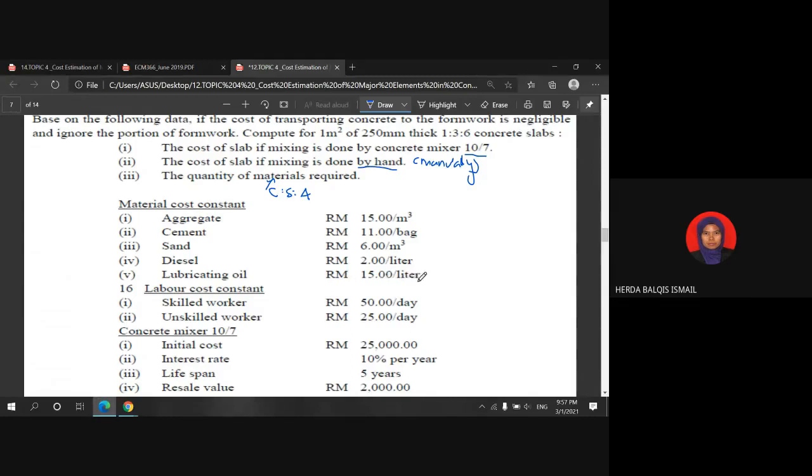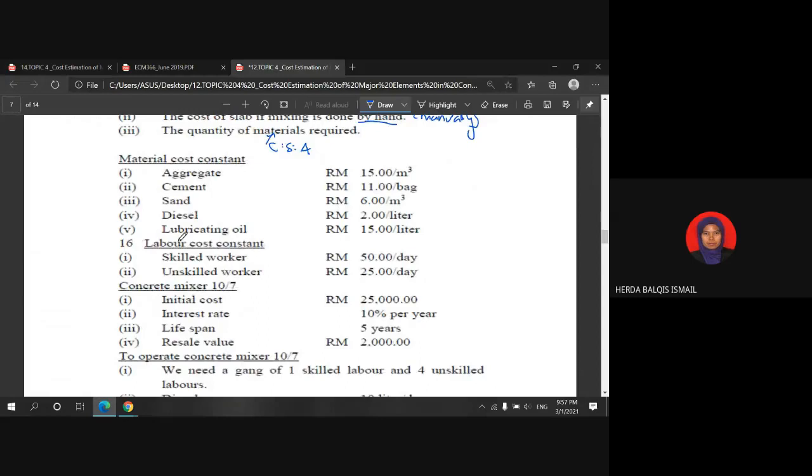So given here is the constant of the labor, the wages or the salary: skilled workers are 50 ringgit per day, unskilled workers are 25 ringgit per day. If I ask you to convert the rate from per day to per hour, can you do that? So how?